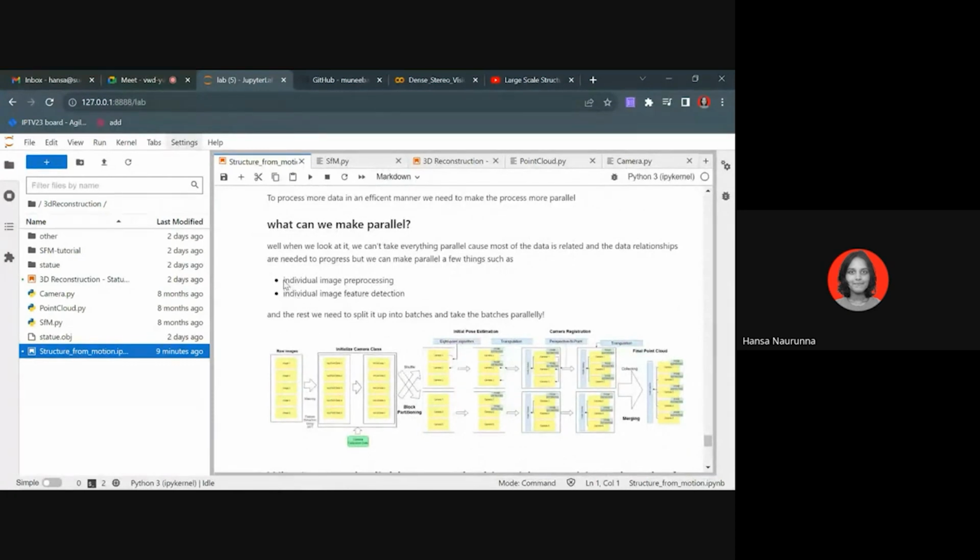Initially, what we can parallelize is the individual image pre-processing steps and the feature detection, because we don't rely on any kind of data pairing between these images. If you have image 1 and image 2, you don't need to do anything between the 2 images. So it's really easy. We can parallelize that process pretty easily.